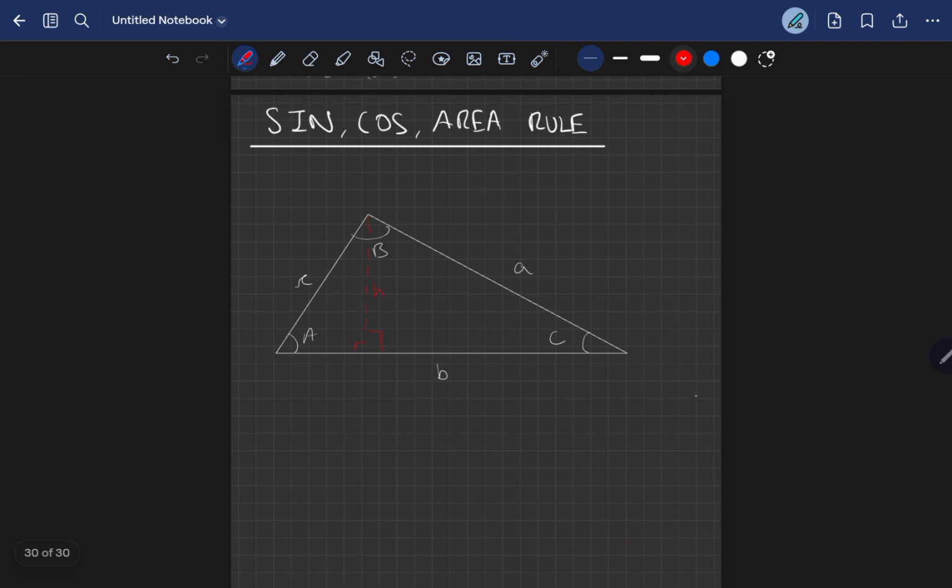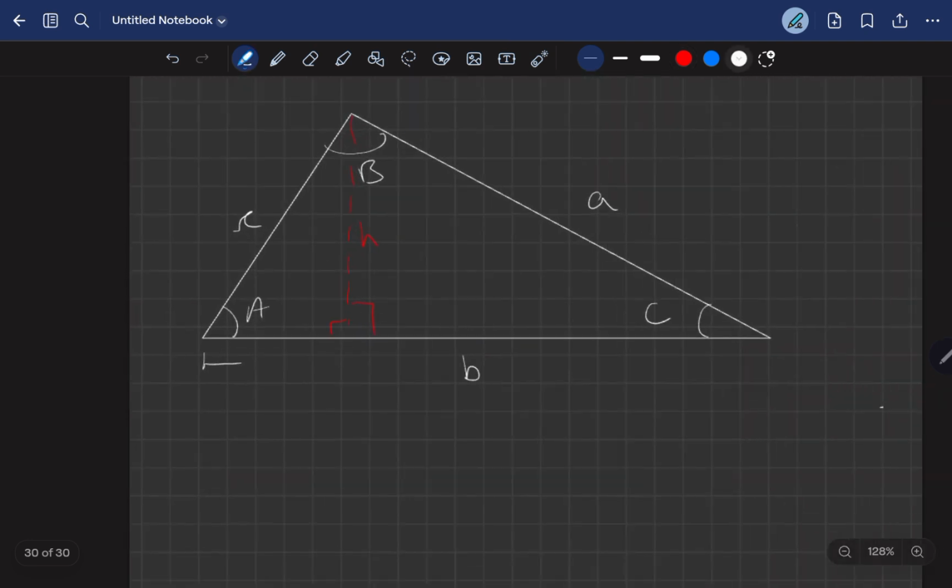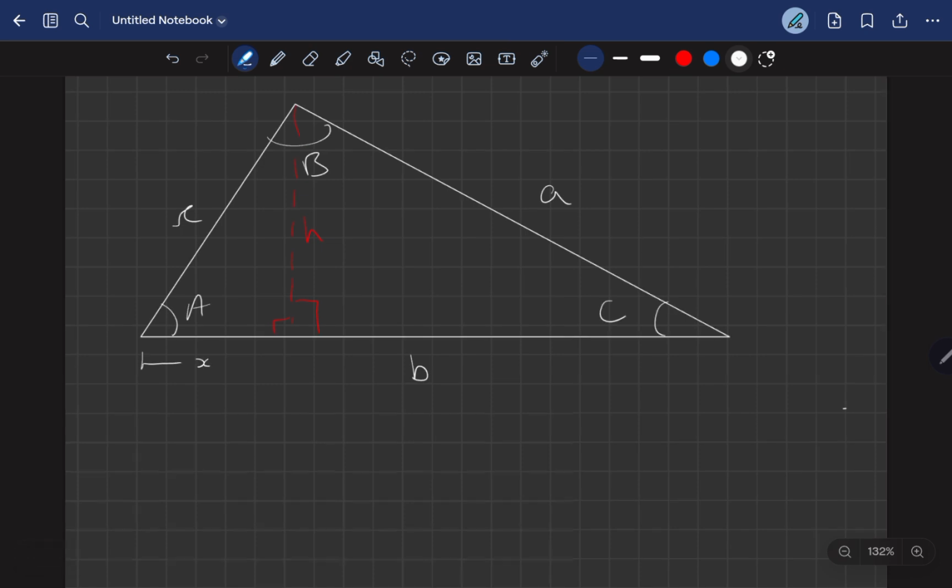Label that as H. And I'm going to label this piece right here as X. And that would mean that this right here is B minus X, because this entire thing is B.